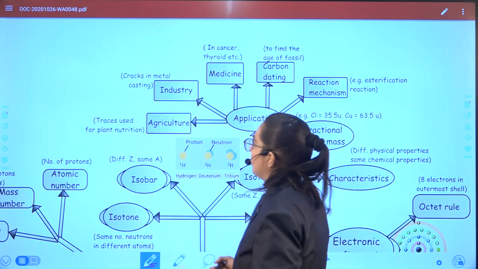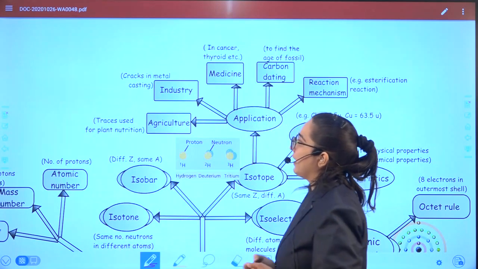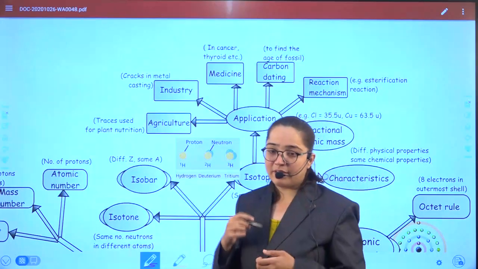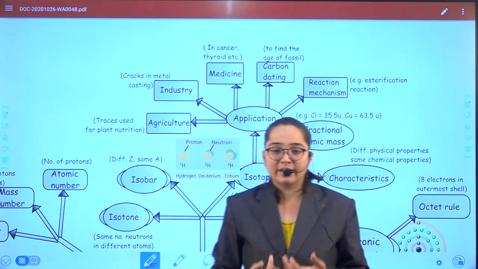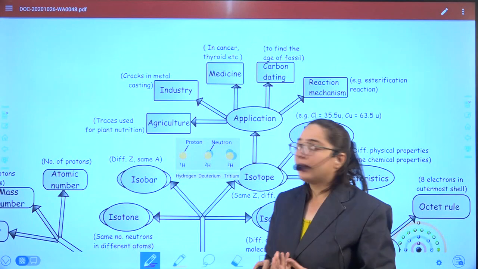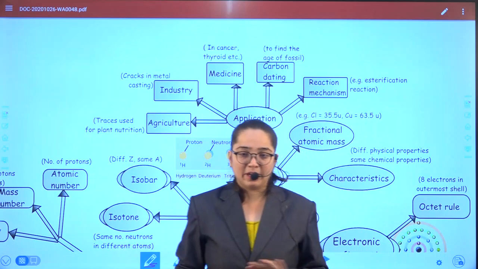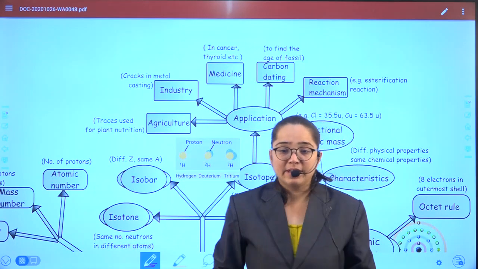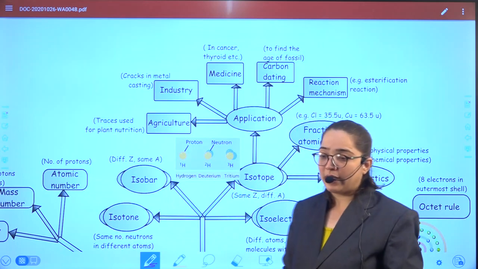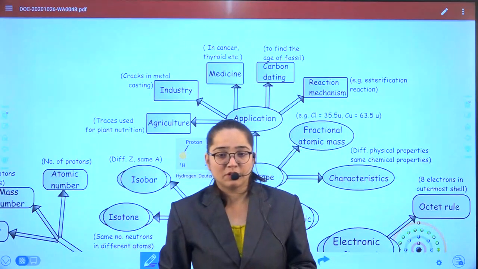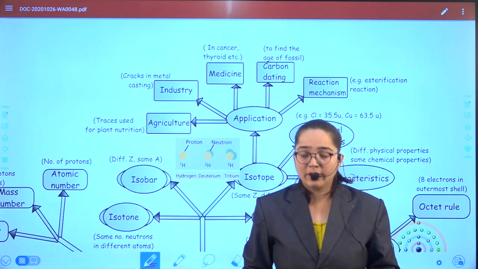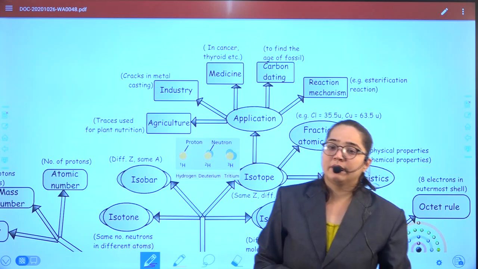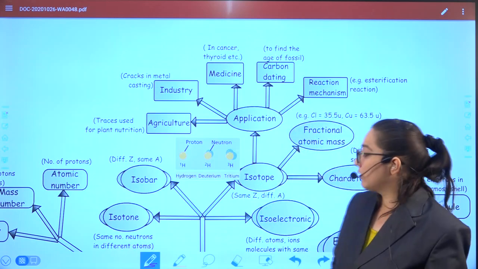In industries, when the casting of metal is done and there is any crack, we can use the isotopes to find it and make it proper. In medicine, the isotope of iodine is used for the treatment of thyroid, and cobalt is used for the treatment of cancer.